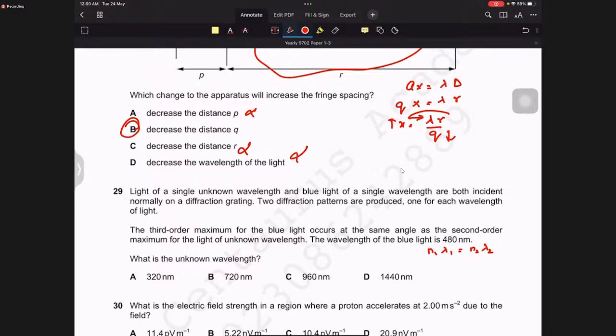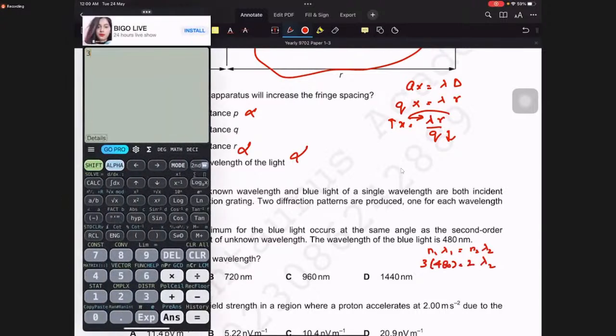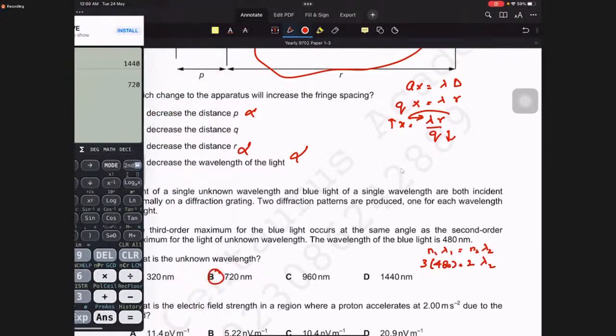So the third order of blue, which has a wavelength of 480, is overlapping with the second order of the unknown wavelength. This is pretty simple. 3 times 480 divided by 2 is going to be 720.